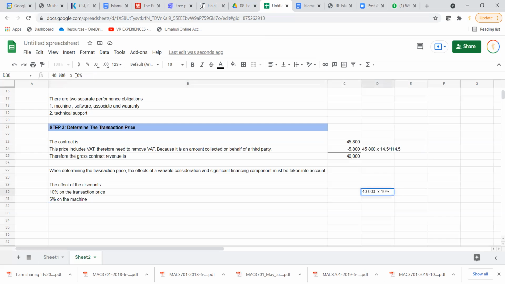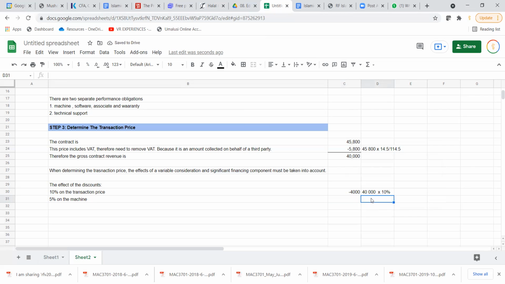So therefore, we're going to have, in the right column, equal negative 40,000 times 10%. Okay, so the discount is 4,000 Rand.